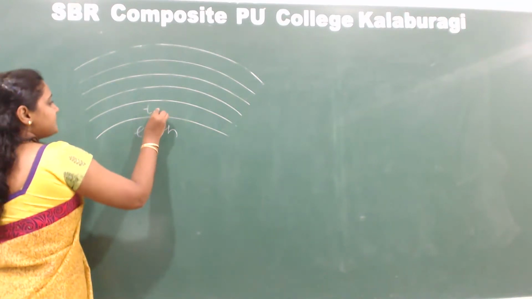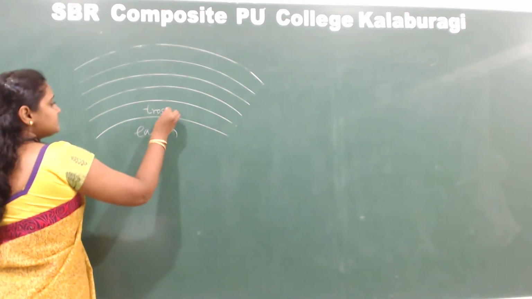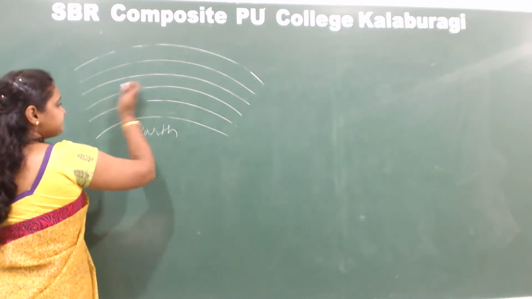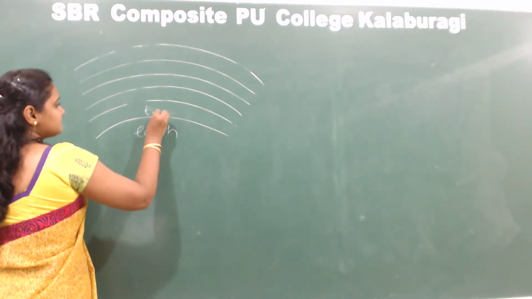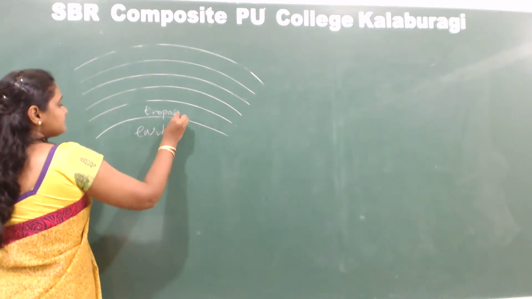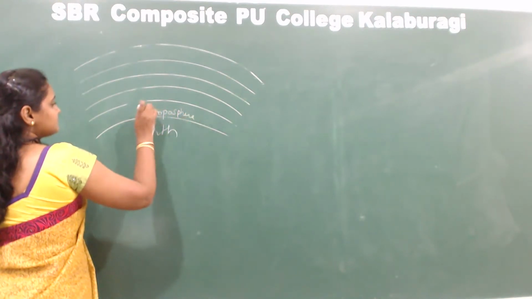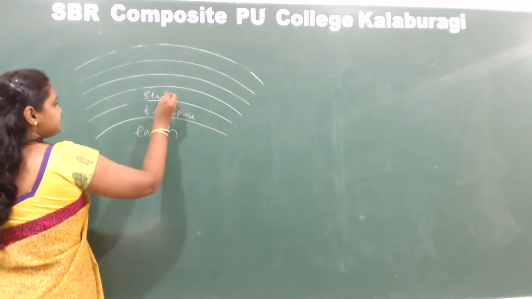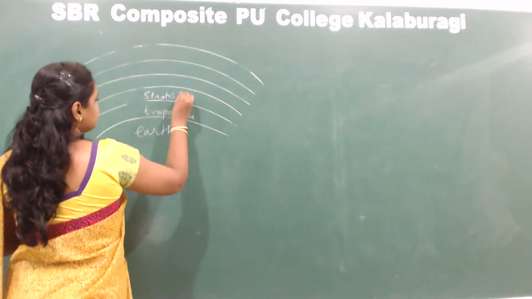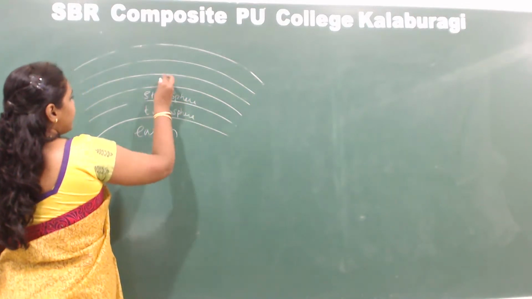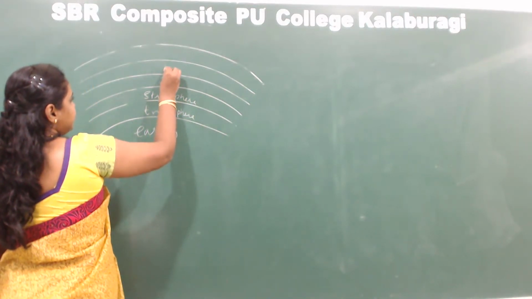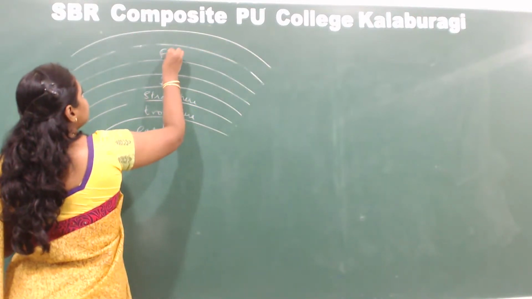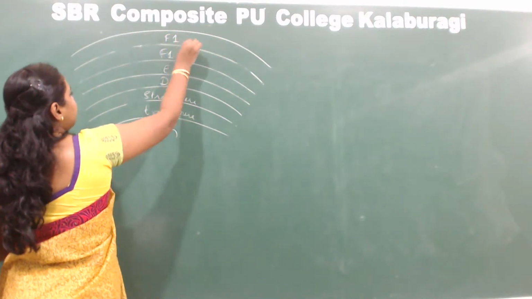This is troposphere. Stratosphere. Then starts the D layer, E layer, and F layer. Sometimes read as F1 and F2.